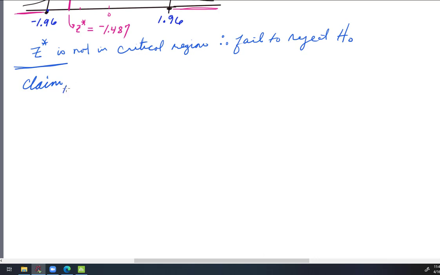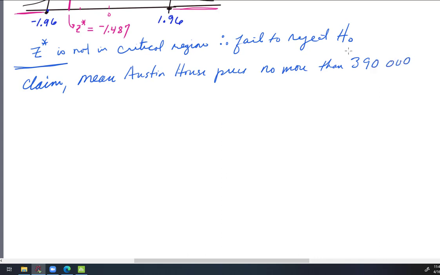$390,000. So the claim is that the mean Austin house price is no more than 390,000, and we'll make that good old US dollars.